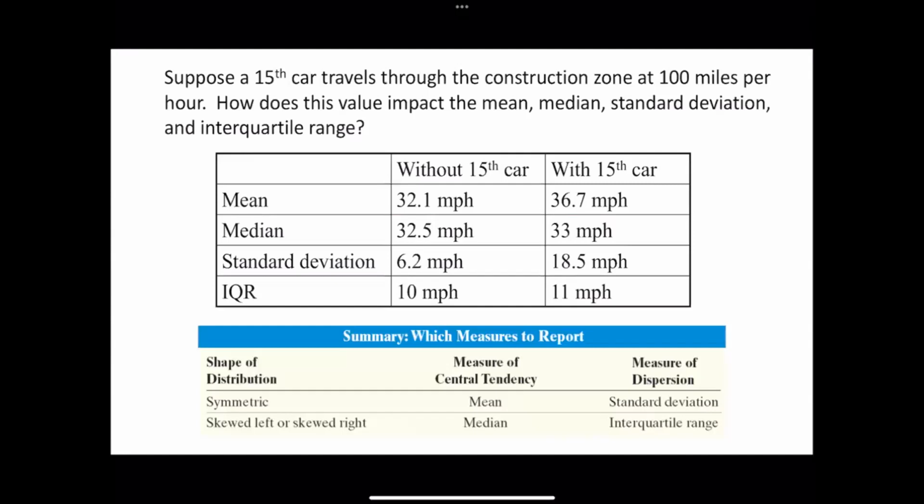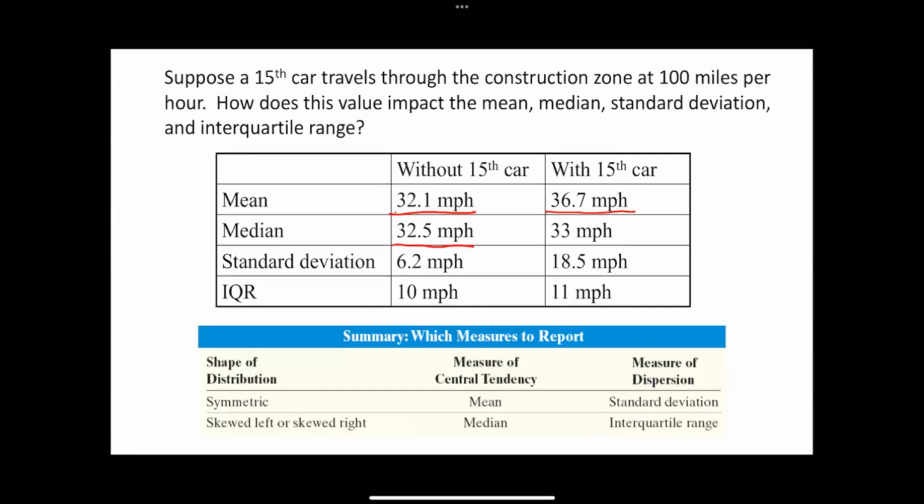Without the 15th car, our mean was 32.1. Once that 100-mile-an-hour car went through, our mean is now 36.7, so it went up by about 4.5 miles per hour. Take a look at the median with and without the 15th car. Our median without it was 32.5.